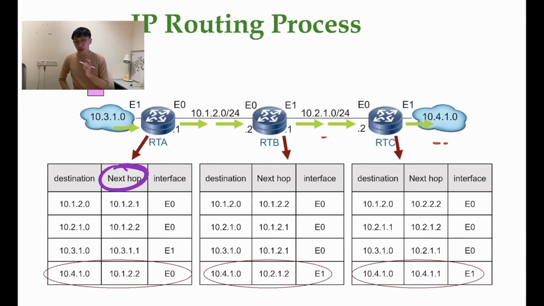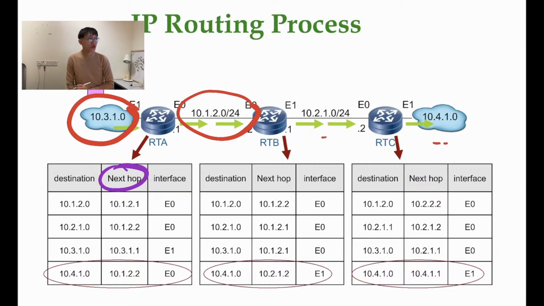So looking at router A, in context of router A, it is currently connected to 2 networks. If you look here, router A is connected to 10.3.1.0 and 10.1.2.0.